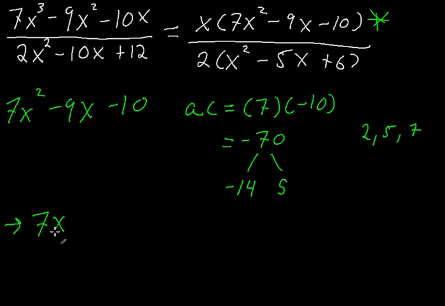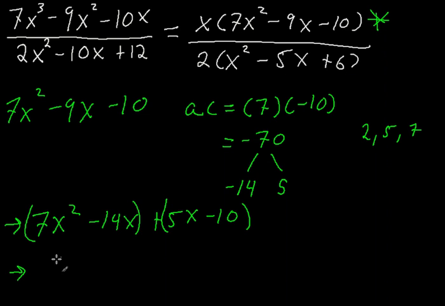So I have 7x squared minus 14x plus 5x minus 10. I can pick my pairs: the first two and the last two, and factor within those. I factor out 7x from the first pair, which leaves x minus 2, and plus I can factor out 5 from the second pair, leaving x minus 2.